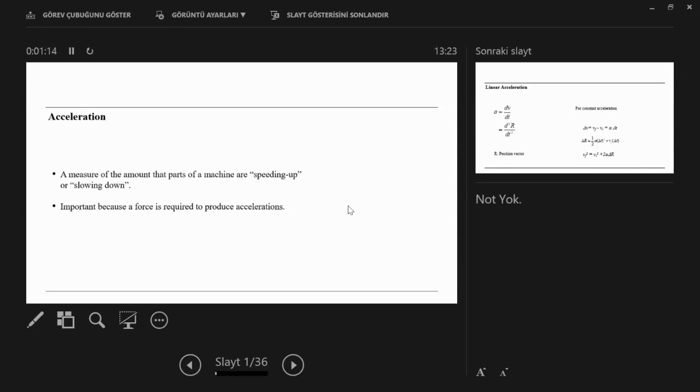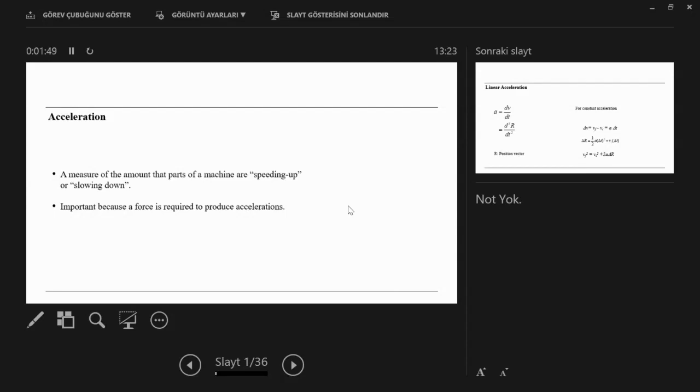That means we define the geometric dimensions of the mechanism, and after that we have to be able to calculate also the kinematics, velocity and the acceleration. And of course, in the following lessons, the topics will be dynamics. That means the static forces, dynamic forces, and so on.